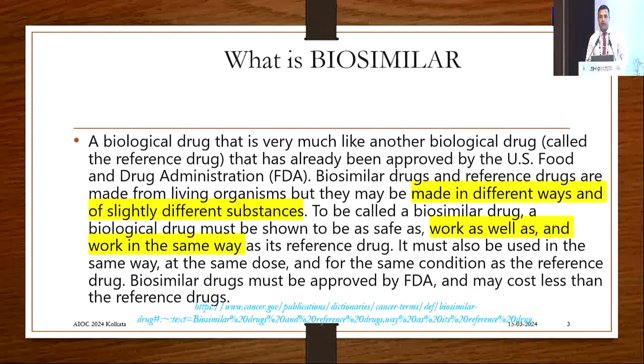So what is our understanding of a biosimilar? A biosimilar is a drug which has been made in a slightly different way compared to the parent molecule and may have different substances in its constitution. But it is supposed to work just as well as the parent molecule for the drug to be given certification.